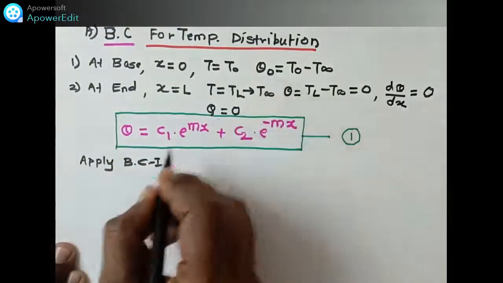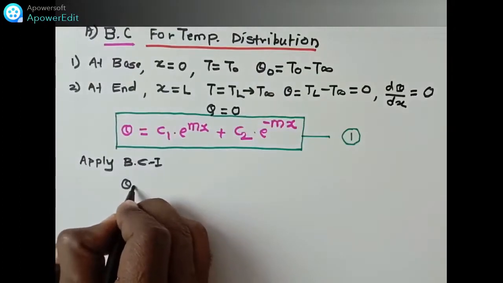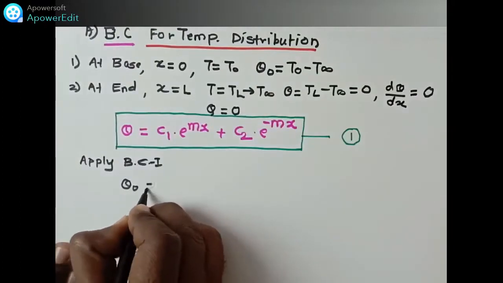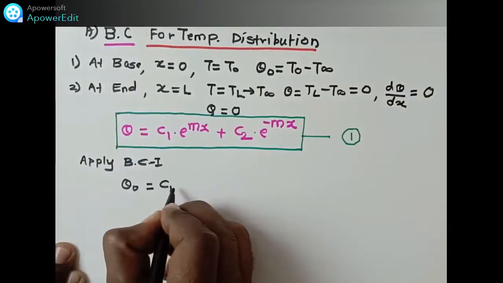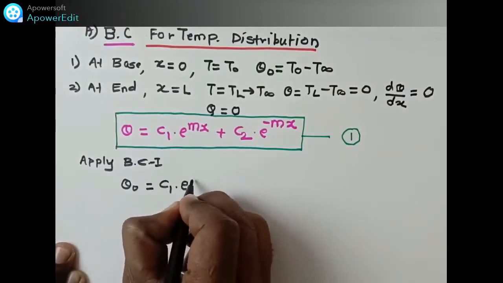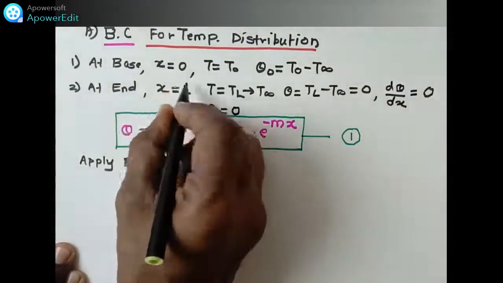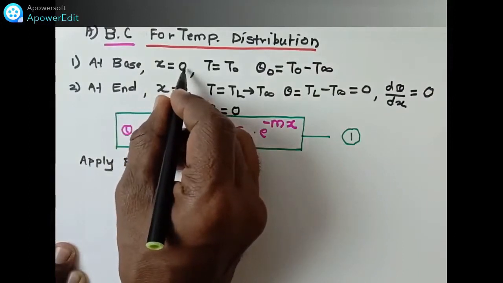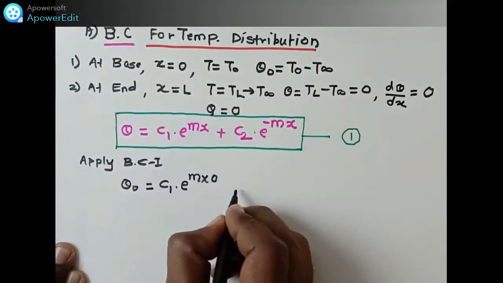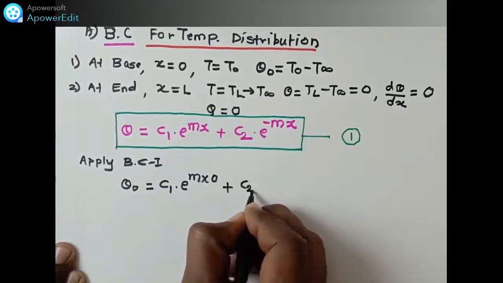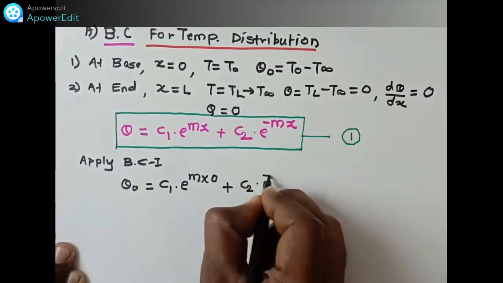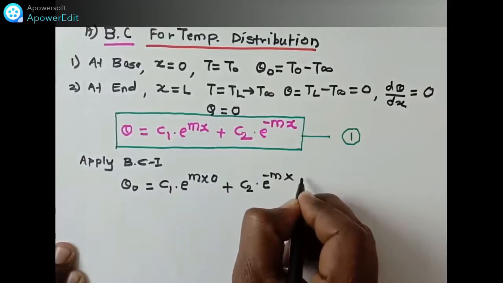So in this case theta will be theta 0. Theta 0 is equal to C1 into e raised to m into x, where x value at the first boundary condition is 0, plus C2 into e raised to minus m into 0.